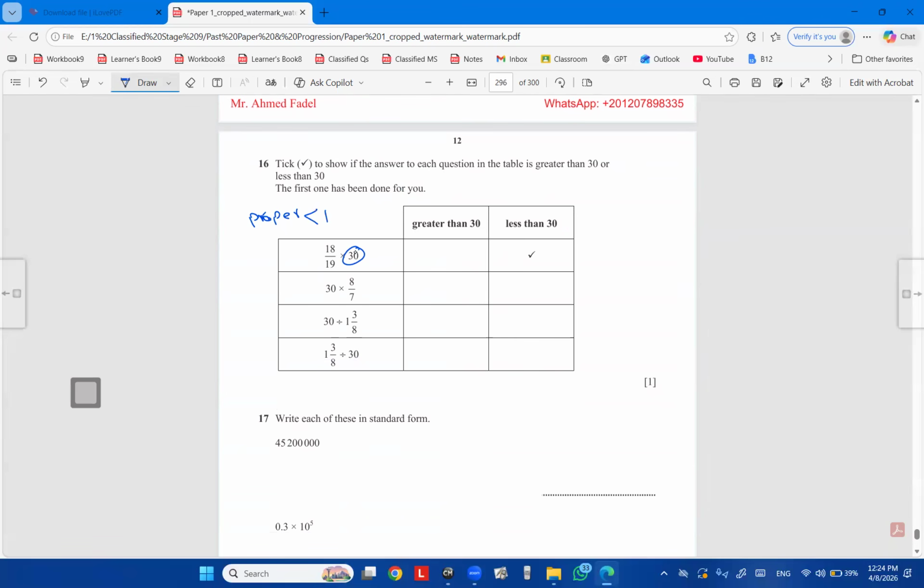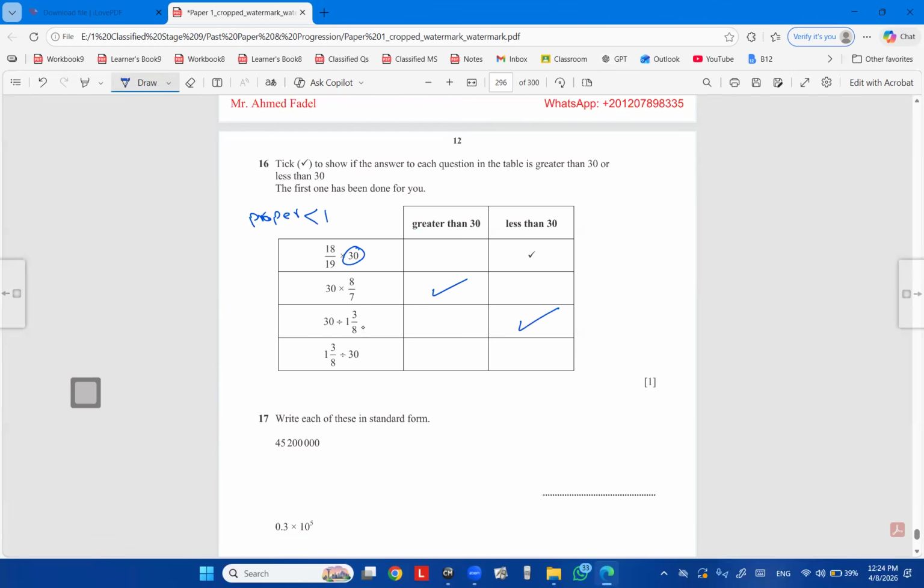So 30 multiplied by smaller than 1 is definitely less than 30. 30 multiplied by an improper fraction, which is greater than 1, is definitely going to get greater. 30 divided by something greater than 1, normal division is going to give me a smaller answer, so this is going to be less than 30.